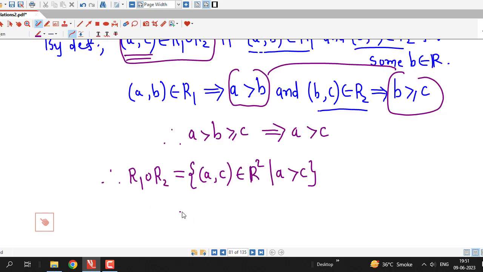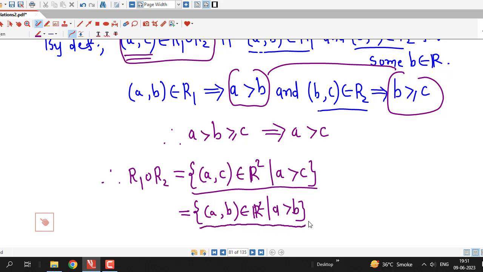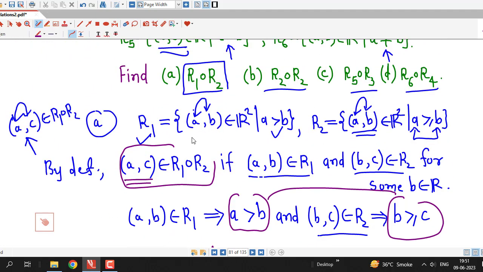Now here A and C are arbitrary, so we can replace C by some other number, say B also. So we obtain this condition, A is greater than B, or we can keep this as it is. But I have replaced C by B because it is arbitrary, so I can write any other number instead of C also. And I have written this to explain that this relation is nothing but relation R1.